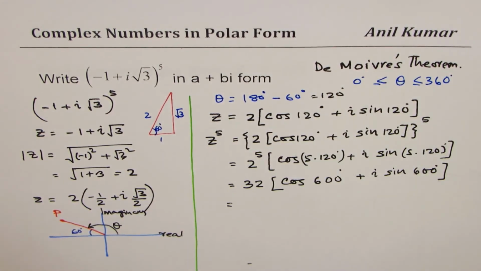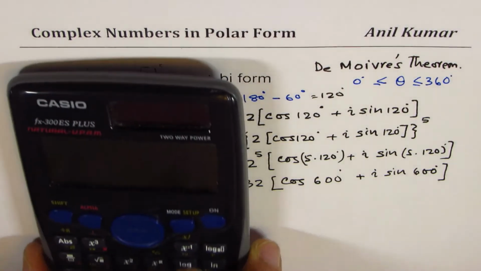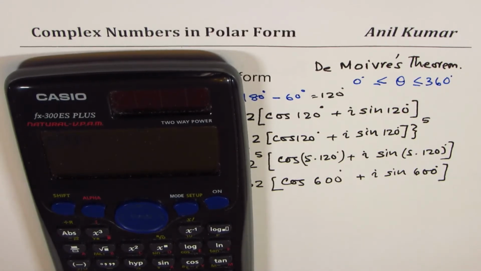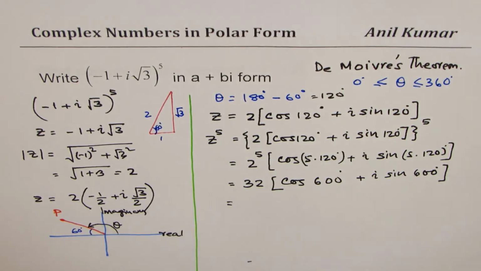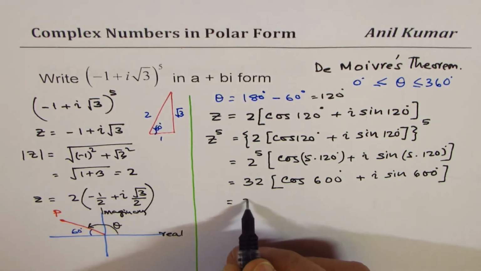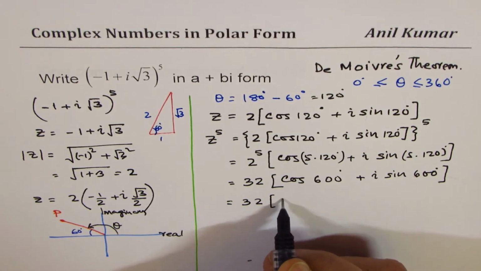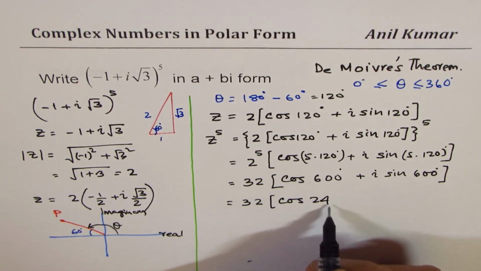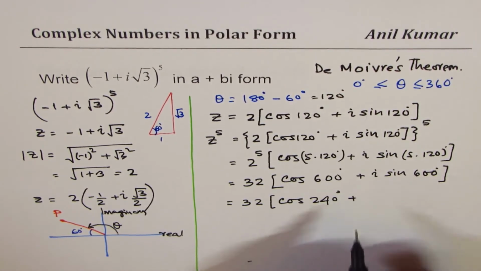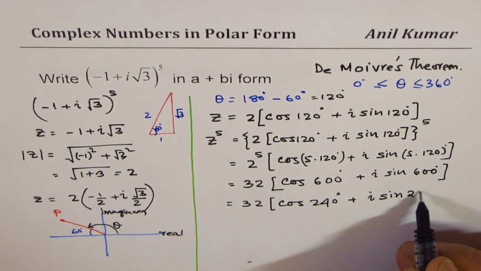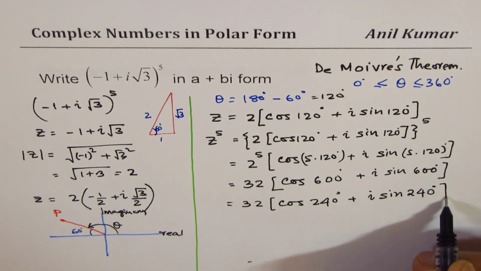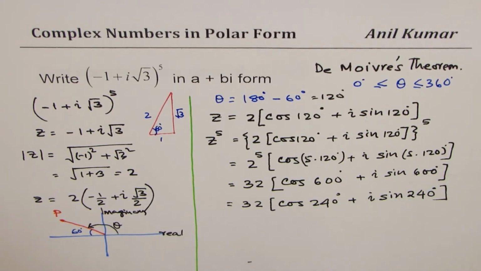So we write its equivalent angle, which will be 600 minus 360, that gives us 240 degrees. So we can write this as 32 cos of 240 degrees plus i sine 240 degrees, right?